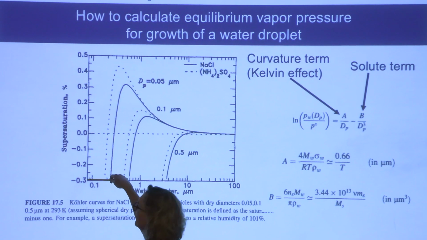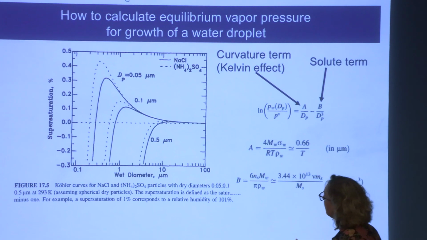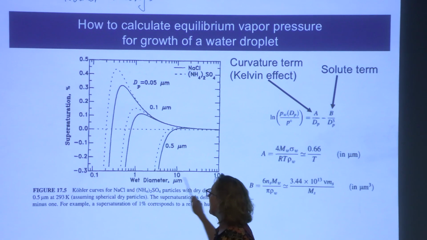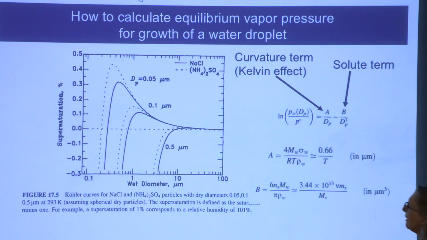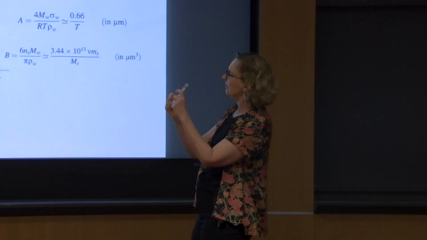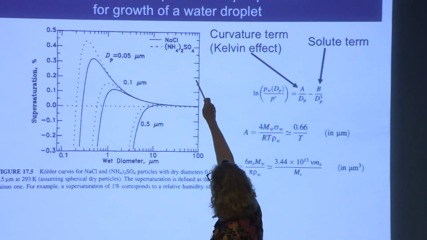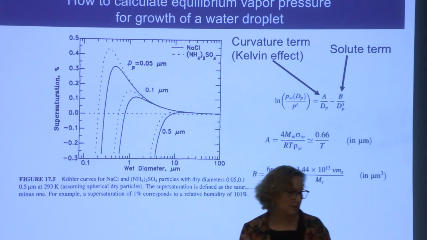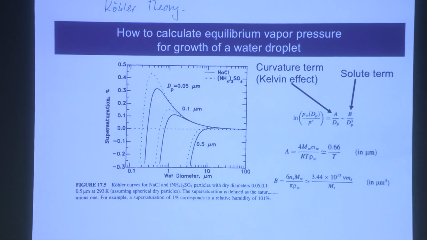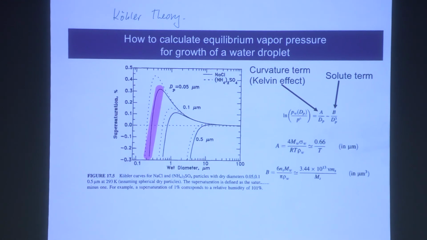If you are below, then you are subsaturated, so lower than 100%. And then on the x-axis is the wet diameter. So it's the diameter of the whole aerosol plus water little droplet. And then we have different lines here. Let's focus on the solid lines, which is for sodium chloride. So that would be like your sea salt, right? Let's look at this line right here.